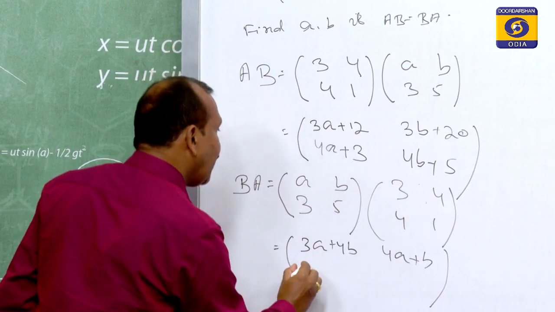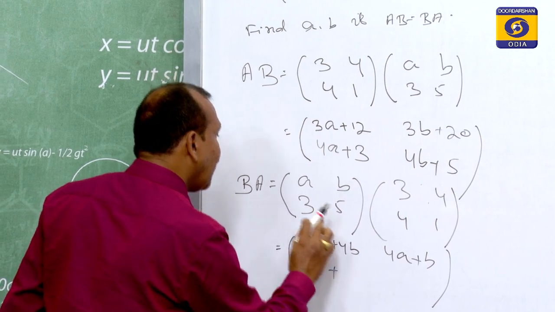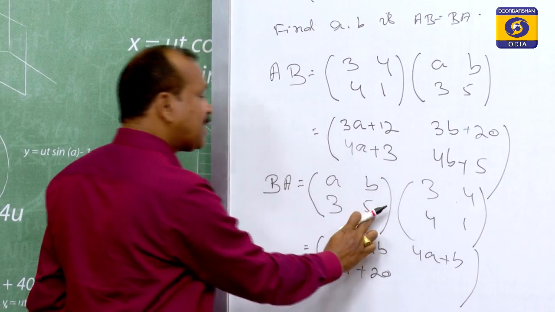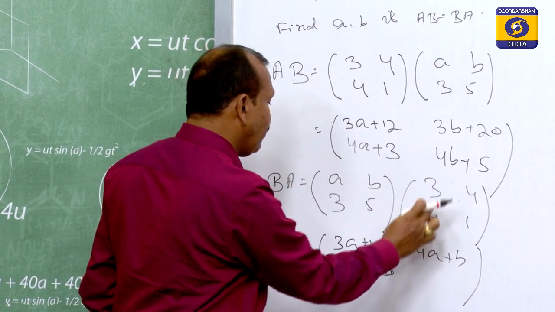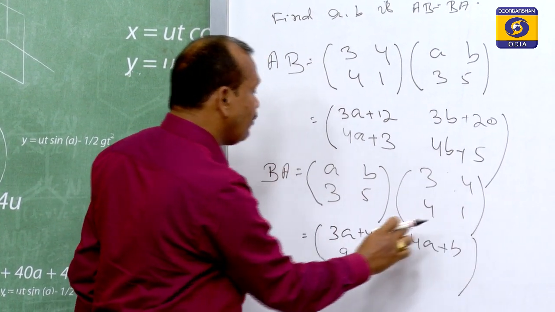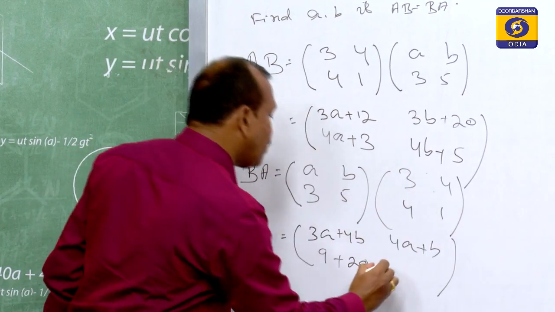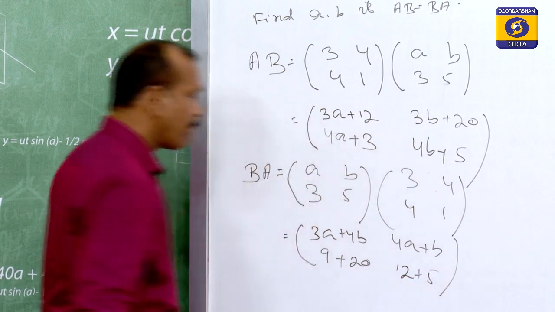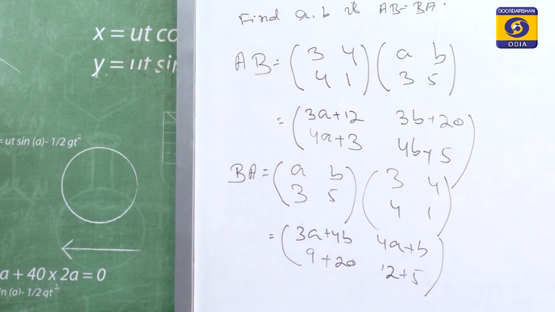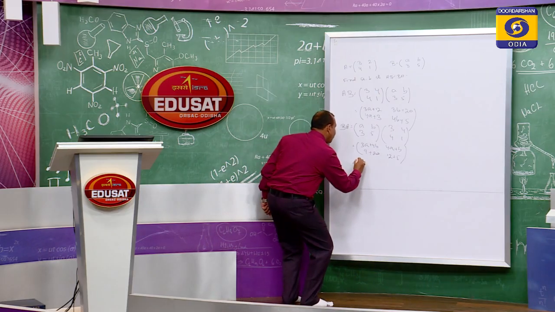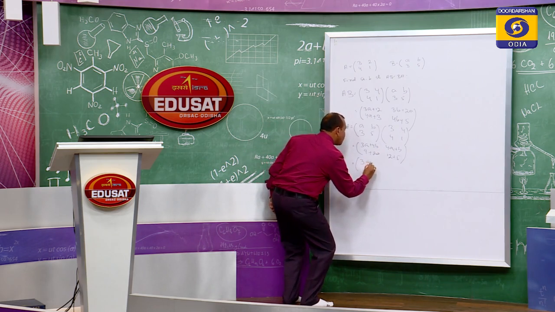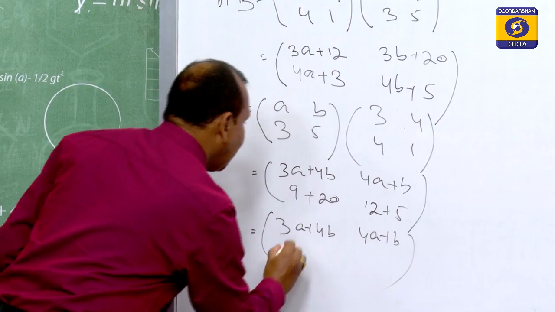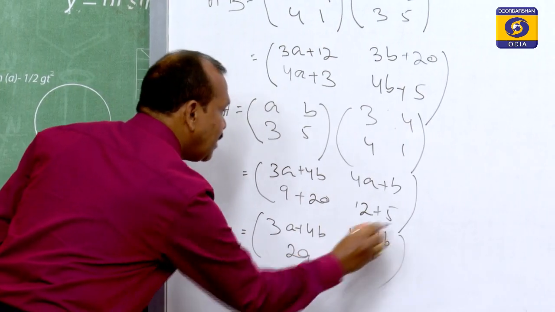Second row with first column: 3 into 3 is 9 plus 20, and second row with second column: 3 into 2 is 6 plus 5. So BA becomes 3a plus 4b, 2a plus b, 29, 11.